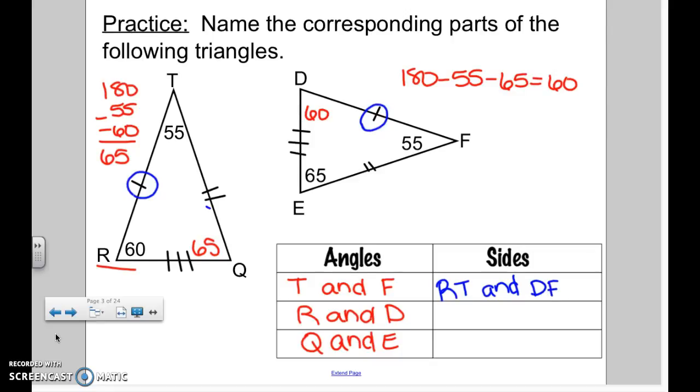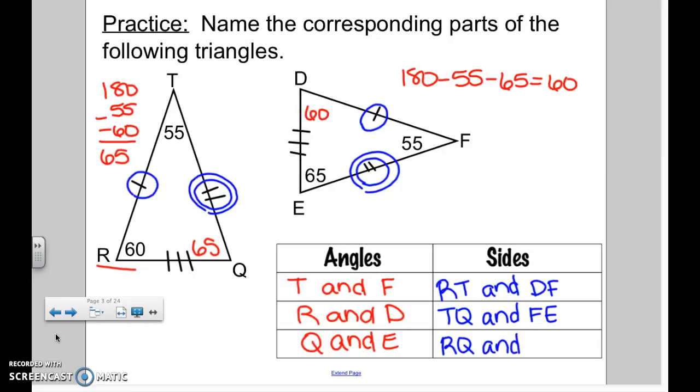If I look at the two marks and the two marks here, I can say that TQ is corresponding to FE, which leaves us with the third side, RQ and DE.